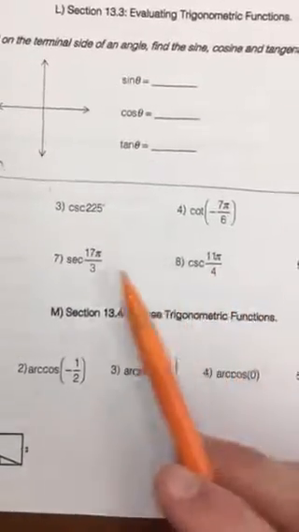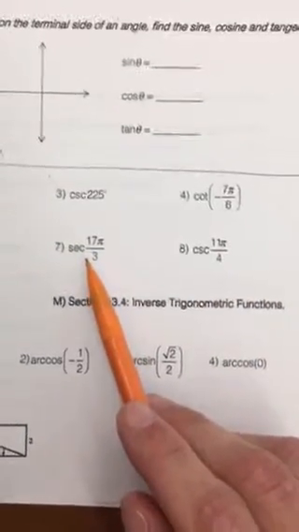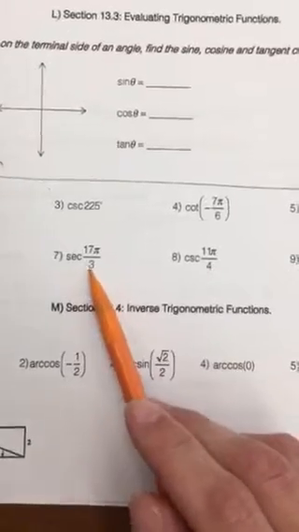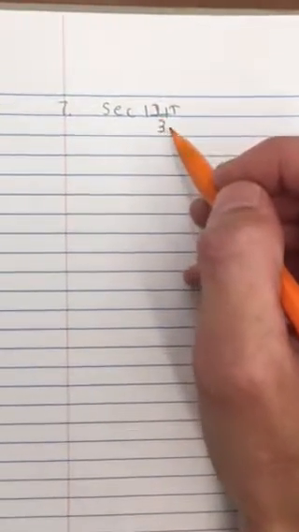So what I'm going to do is look at this guy here, the secant of 17 pi over 3. This is number 7, and it's a secant of 17 pi over 3. So what you essentially want to do when you're evaluating something like this is first figure out what this angle is representing.